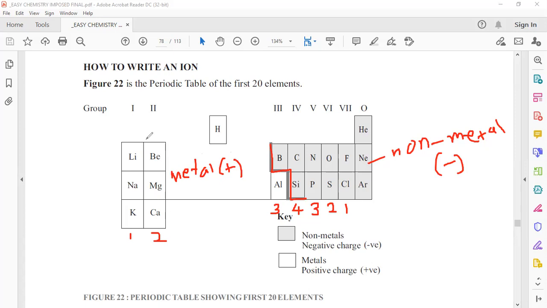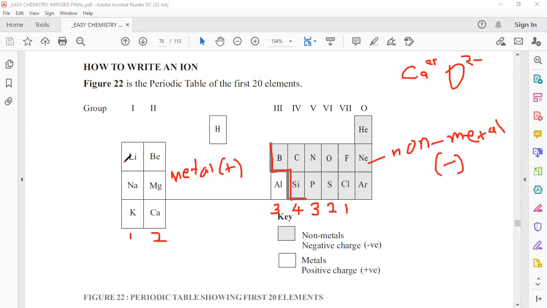So for you to come up with an ionic symbol like Ca2+ or O2-, what is important is to know the atomic symbol, know the valency number, then know the charge. For metals, we always put a positive charge. For non-metals, we always put a negative charge.